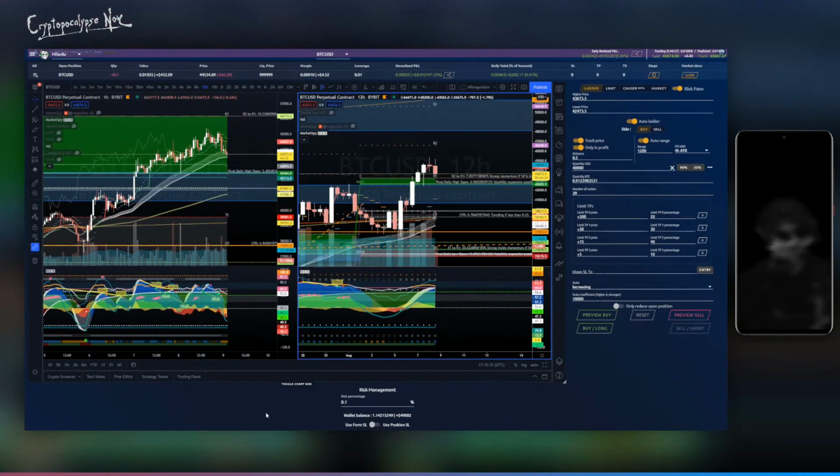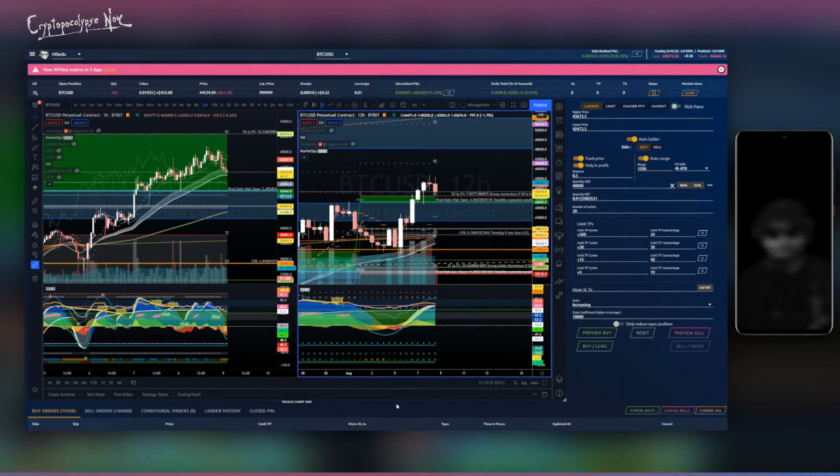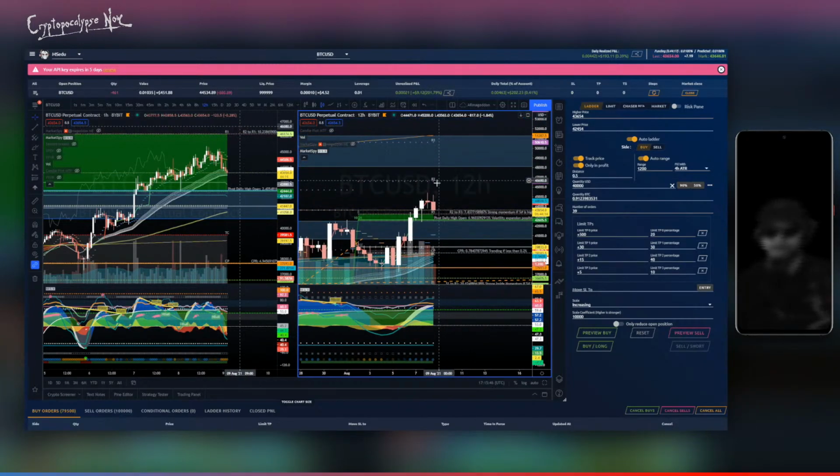I already have them set up over here. And that's going to happen at R1, R2, between these two right here, right into the blue box where I thought that would be the real resistance. So let's see if that's true. That's where I want to hedge.